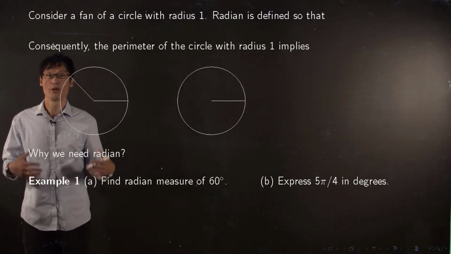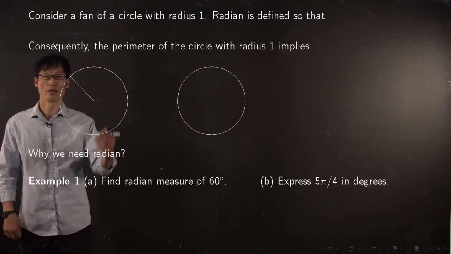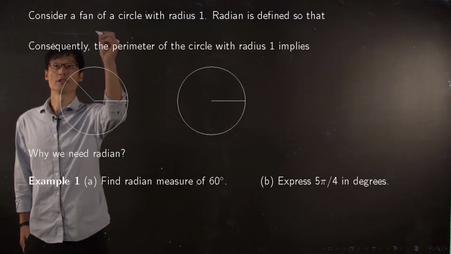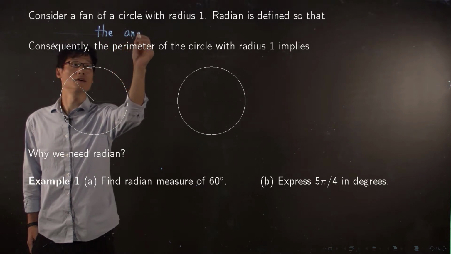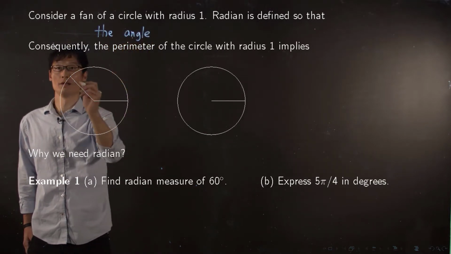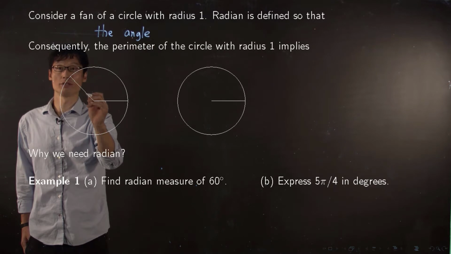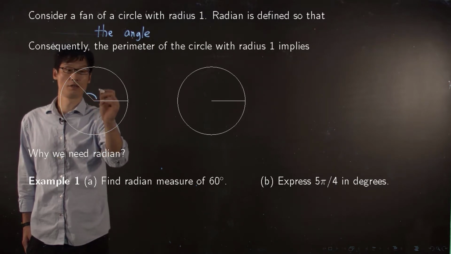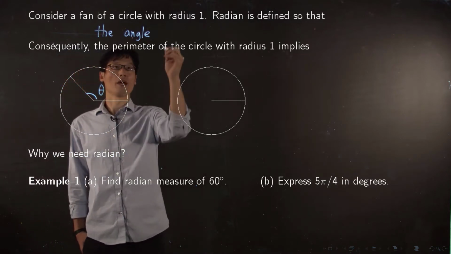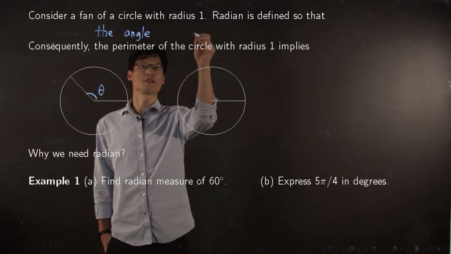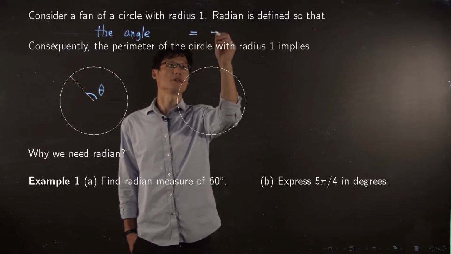We define radian so that the angle, let me use theta for this angle, is exactly the same as the arc length.